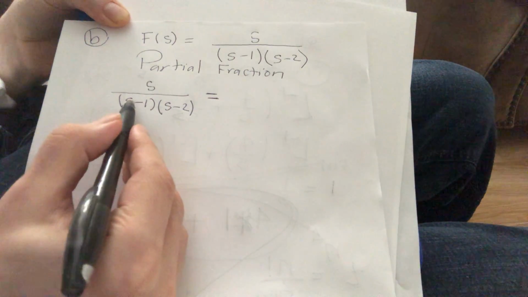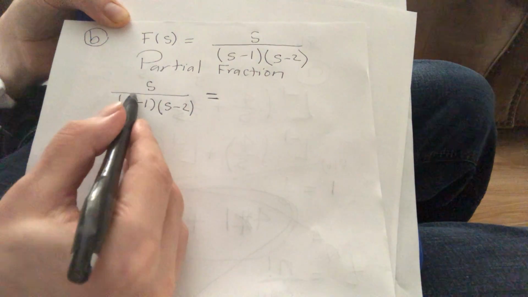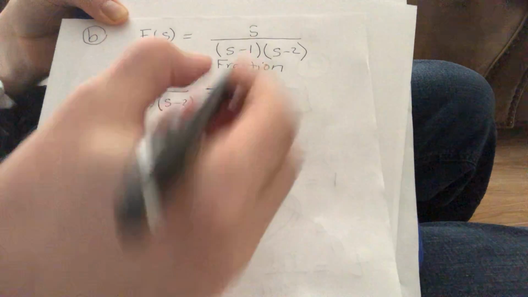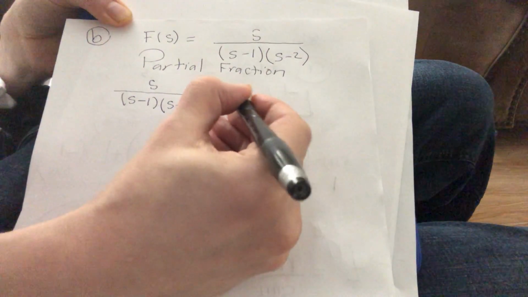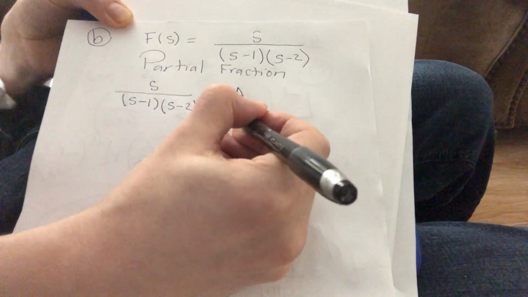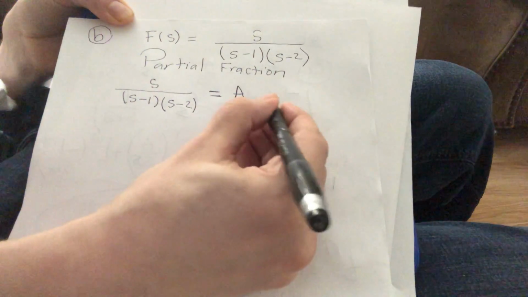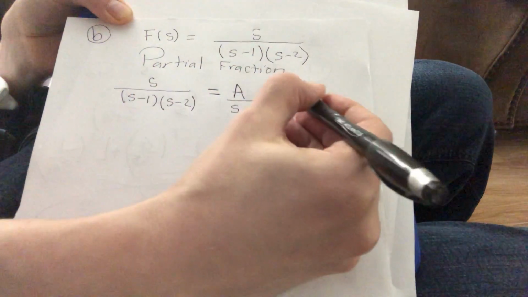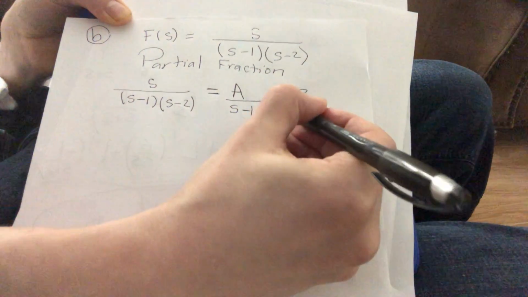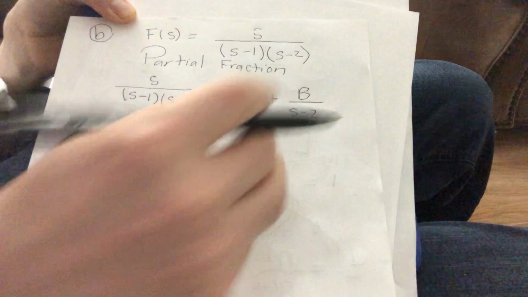Now if you remember, when you have this to the power 1 and the other to the power 1, it takes a letter each. So A over s minus 1 and B over s minus 2.